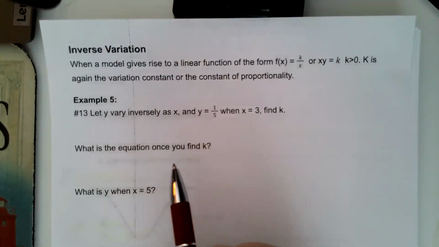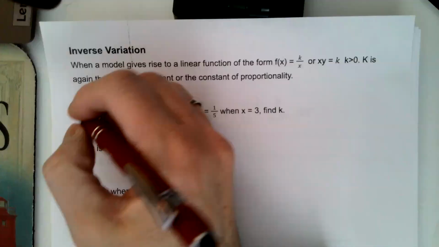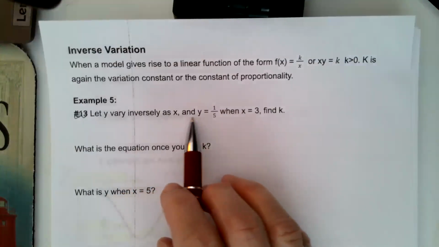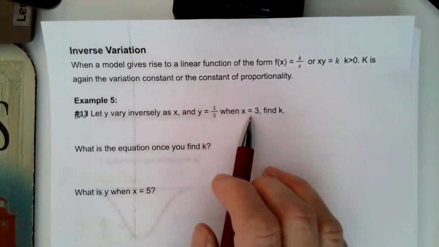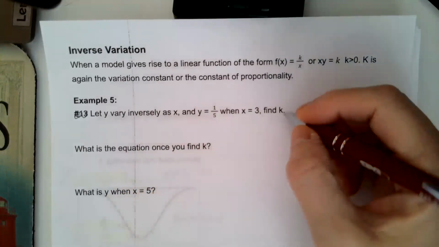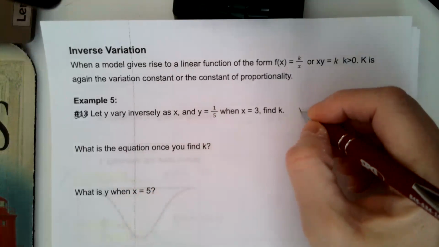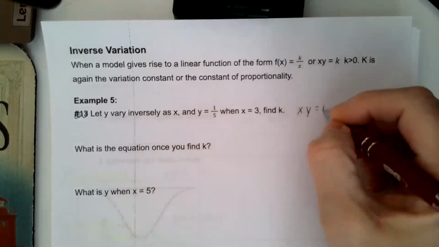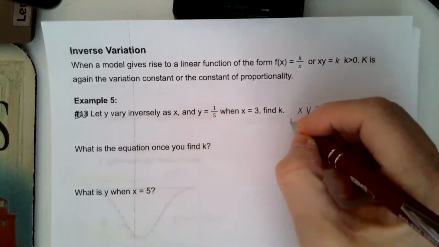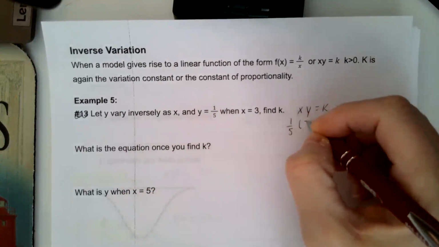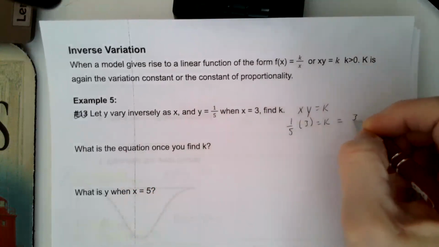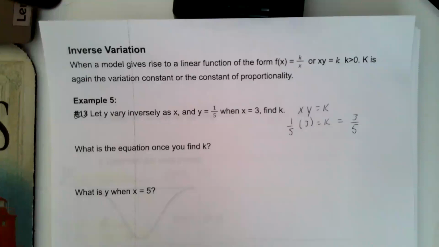So this says, number 13. Let y vary inversely as x, and y equals 1/5 when x is 3. Find k. So we know that x times y equals k, and 1/5 times 3 equals k. So k must be 3/5.